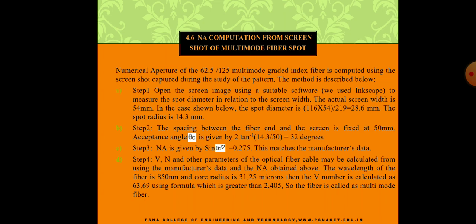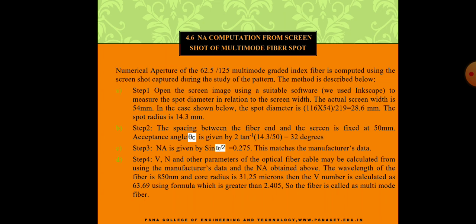Now we are going to calculate the spot radius of the light. It is 28.6 mm divided by 2, which is equivalent to 14.3 mm. The next step is to calculate the acceptance angle. The spacing between the fiber and the screen is fixed at 50 mm.